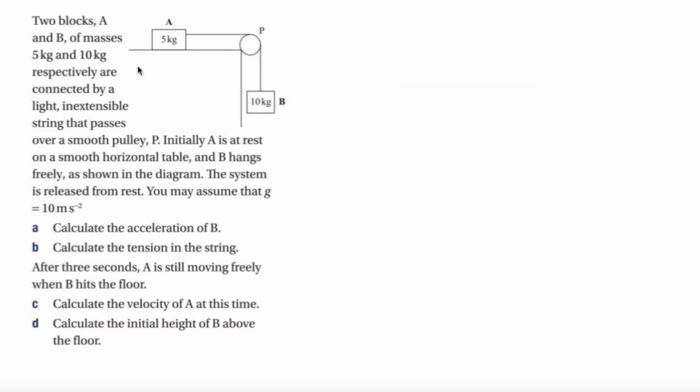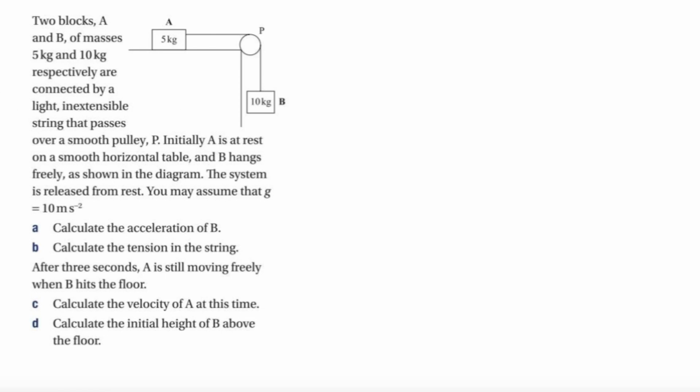So this final system of forces question is slightly different, as we're now looking at a pulley, and we have a mass here of 5 kg, a mass here of 10 kg, and they are connected by a light inextensible string that passes over a smooth pulley at P. So initially A is at rest on a smooth horizontal table, and B hangs freely as shown in the diagram. So you may assume that G is equal to 10 meters per second squared.